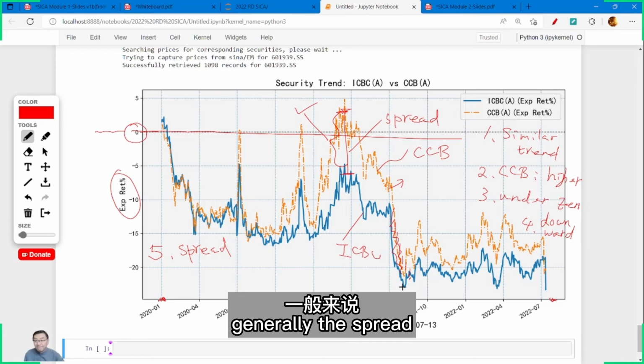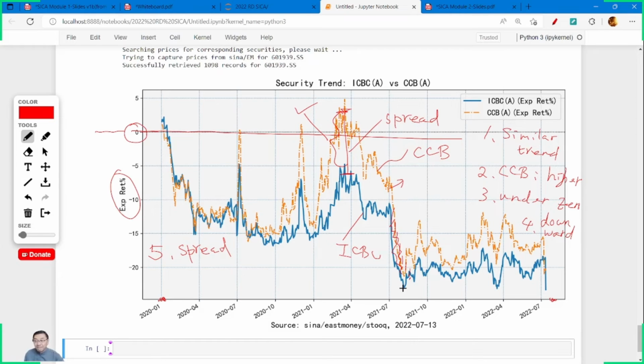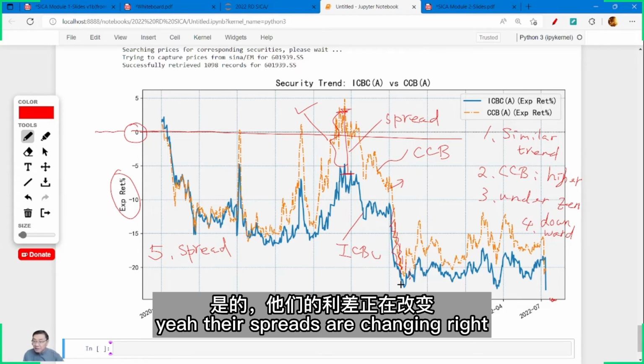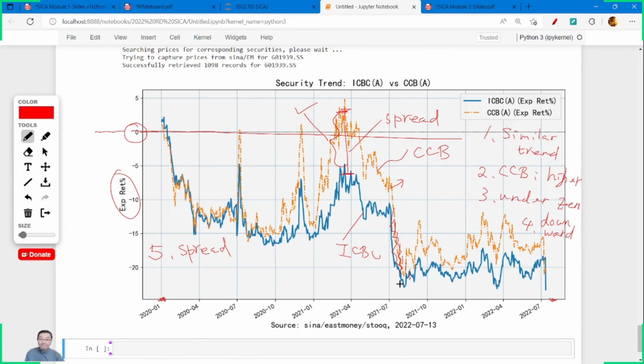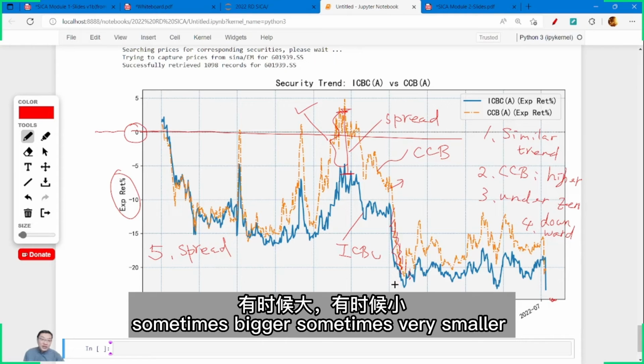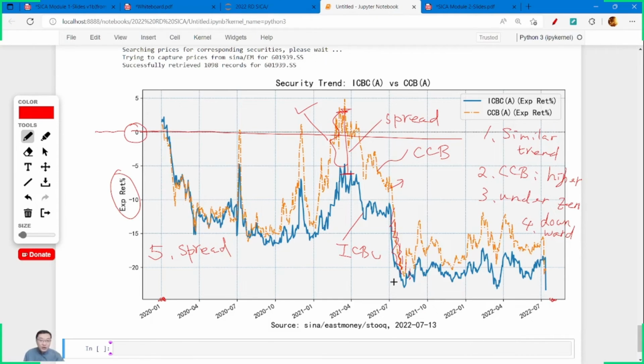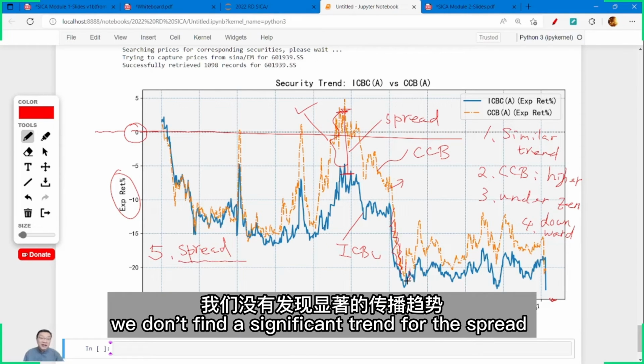Yeah, their spreads are changing, right? Sometimes bigger, sometimes very small, right? But we don't find a significant trend for the spread. So we have not much to say about their spreads.